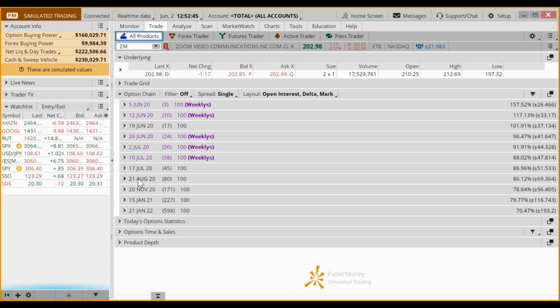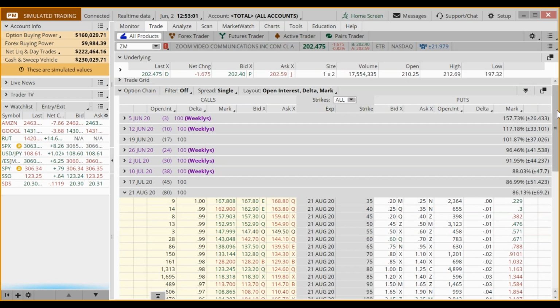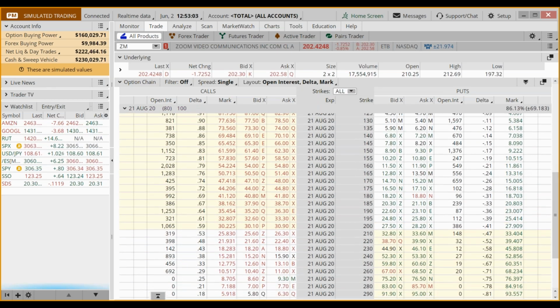Let's take a look at this leap. Well, we don't want to do either one right now, but let's just take a peek at the open interest at the money. It's got some reasonable open interest. I would be okay with this open interest. That's pretty reasonable.